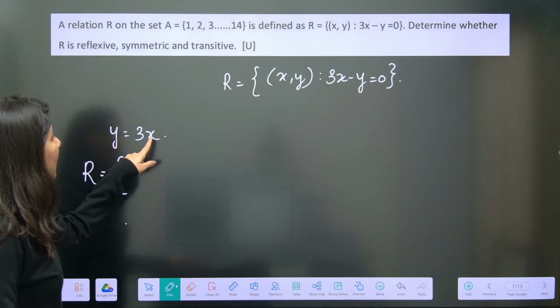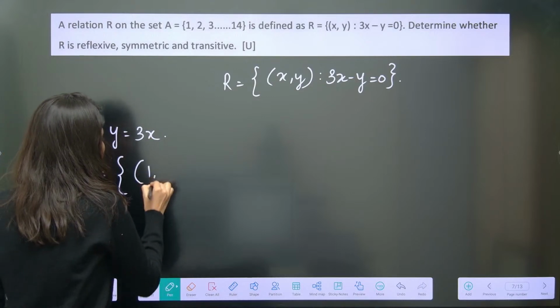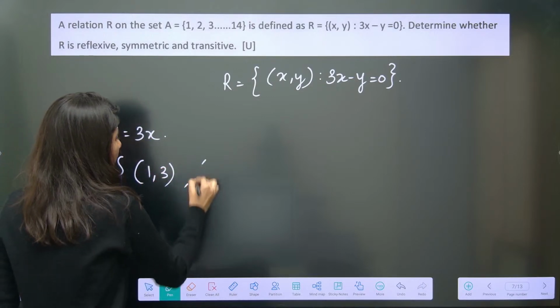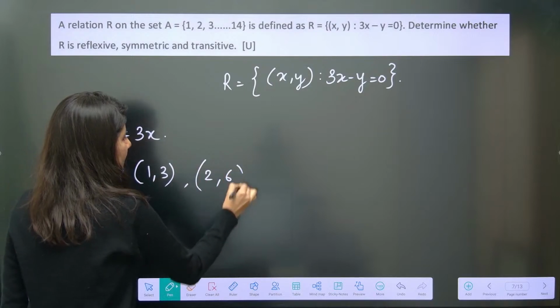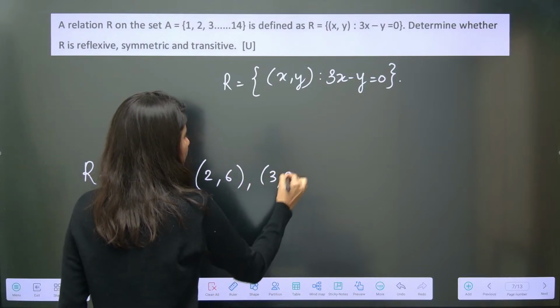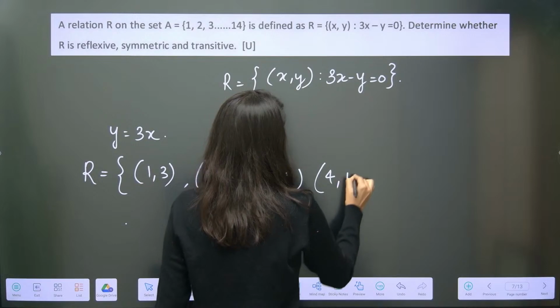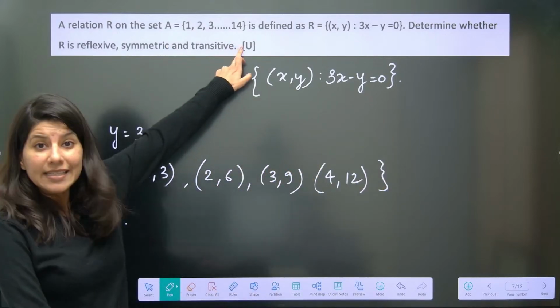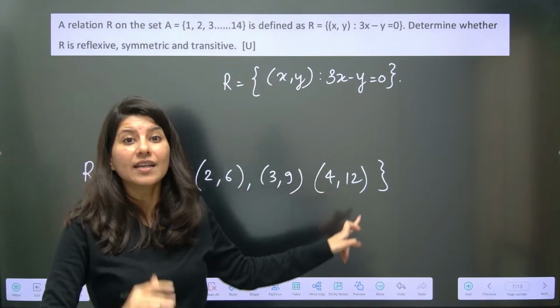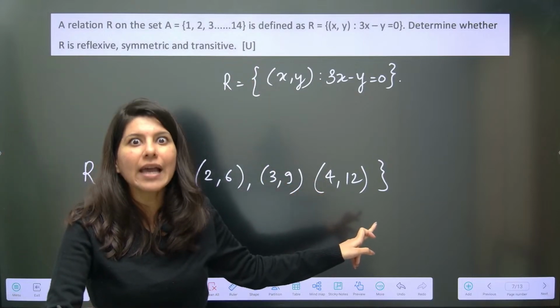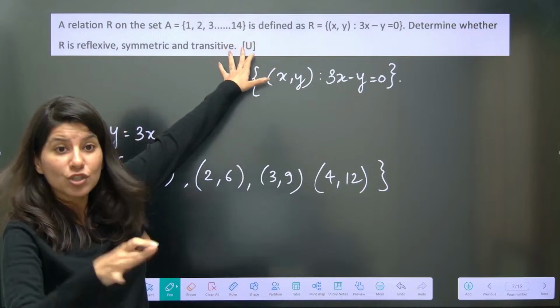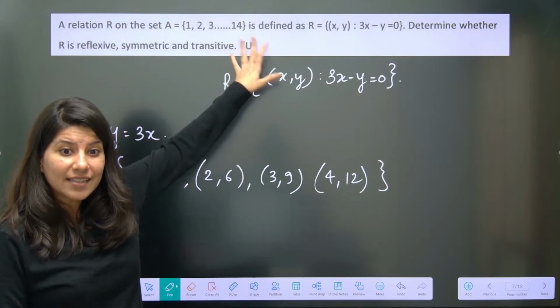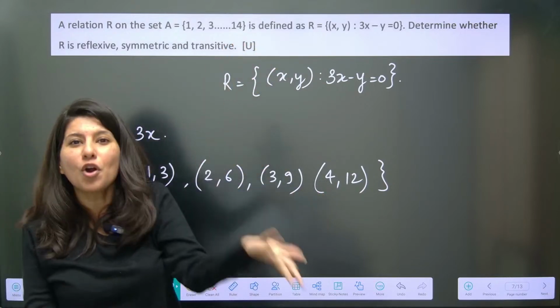The moment I put x equals 1, I get y equals 3. x equals 2, 6. x equals 3, 9. x equals 4, 12. That's it, guys. Because set A is still 1 to 14. The moment I write x equals 5, I get y equals 15, which is not allowed. It is going beyond our set A. So only 4 ordered pairs are there.